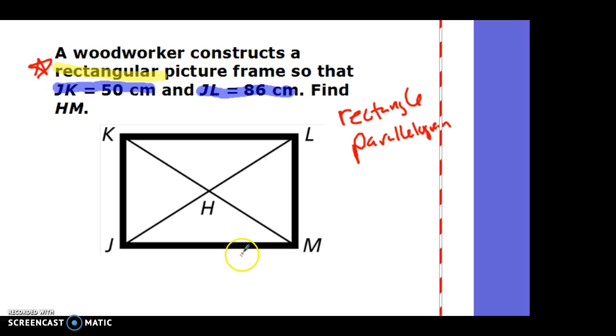Now, let's label in this important information. JK is 50. I've been given that JL, this whole length is 50. Now, I'm interested in what is HM.